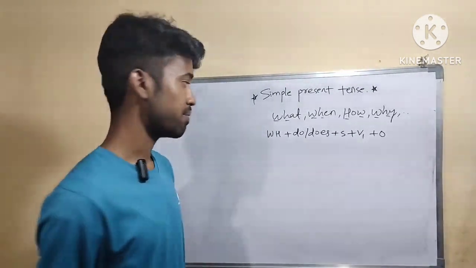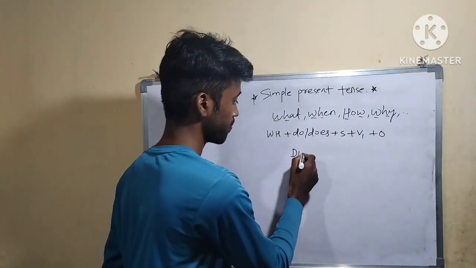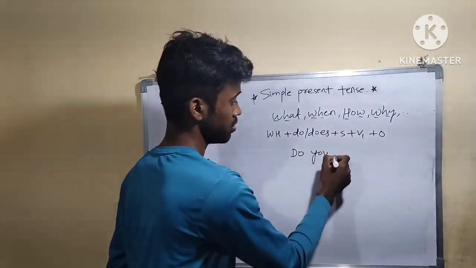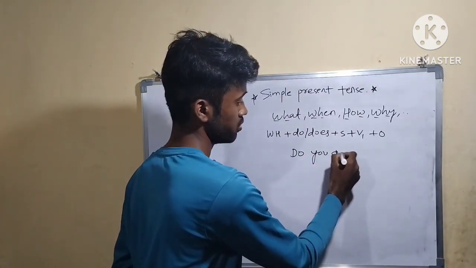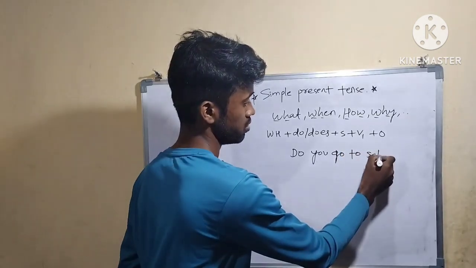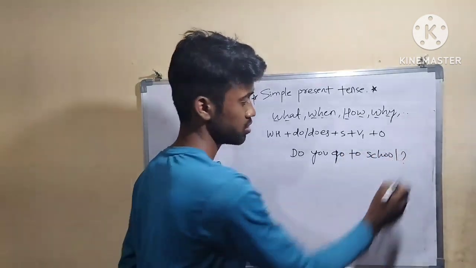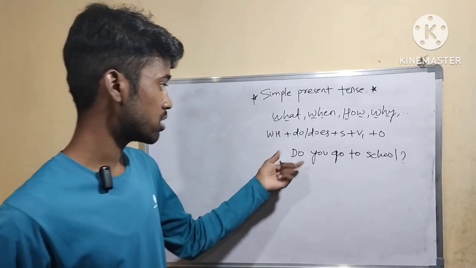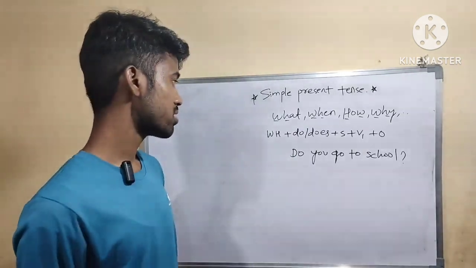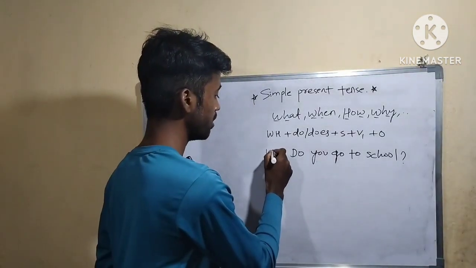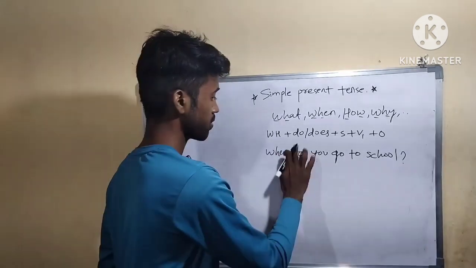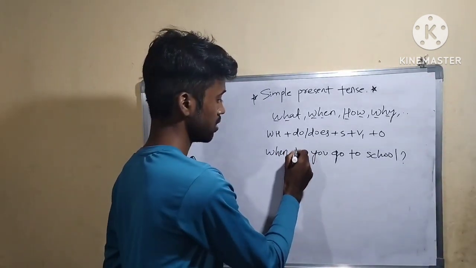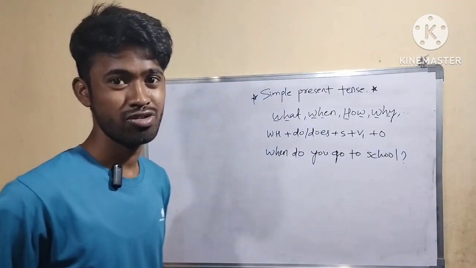Let's take an example. Do you go to school? This is the verbal question because it is starting with do. But if I say, when do you go to school? Now it became a WH question.